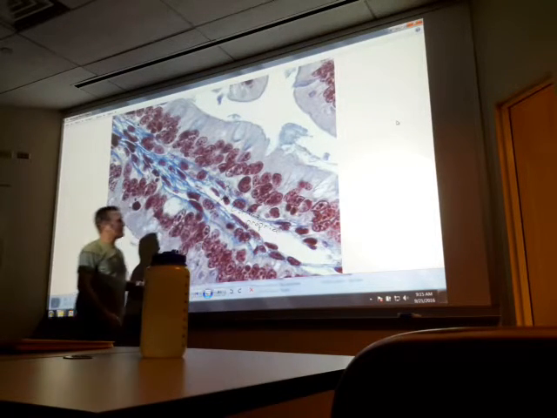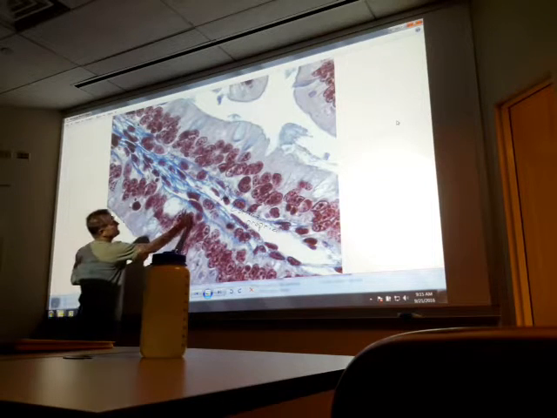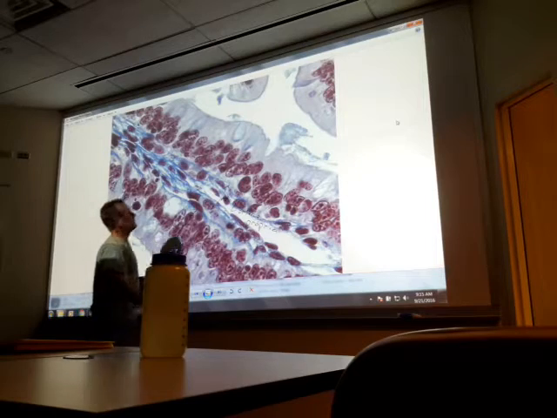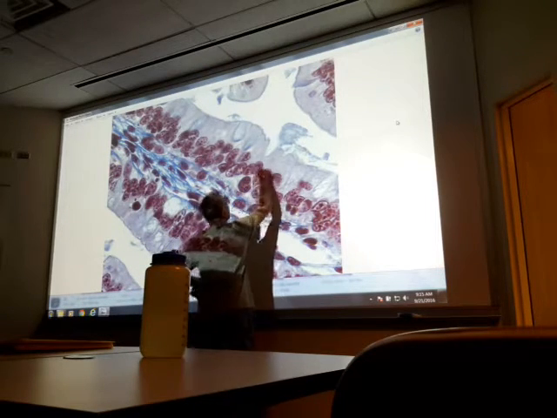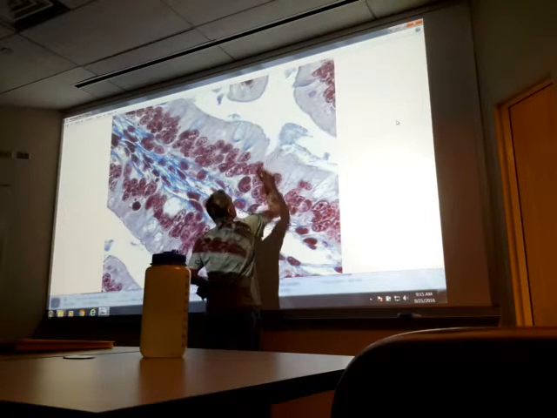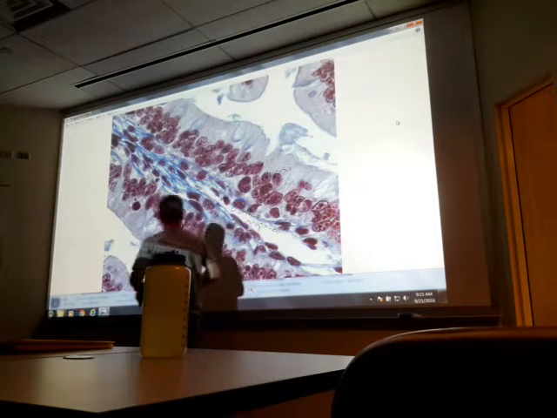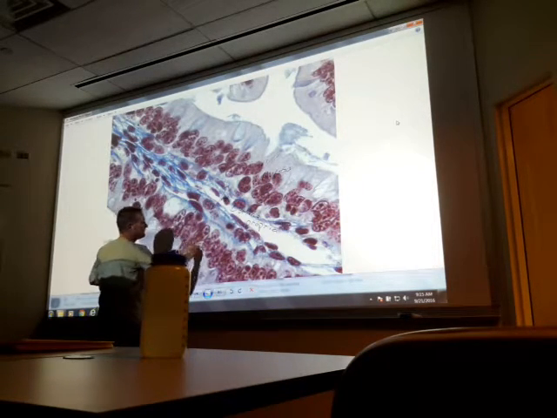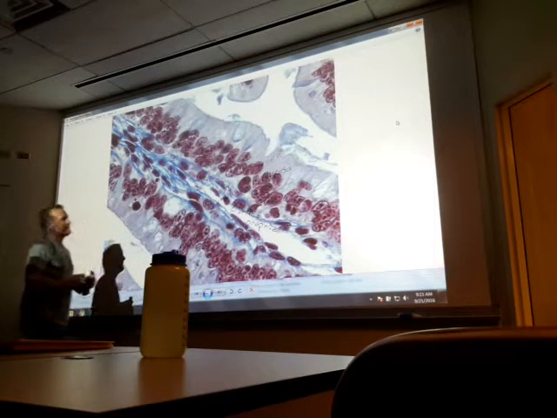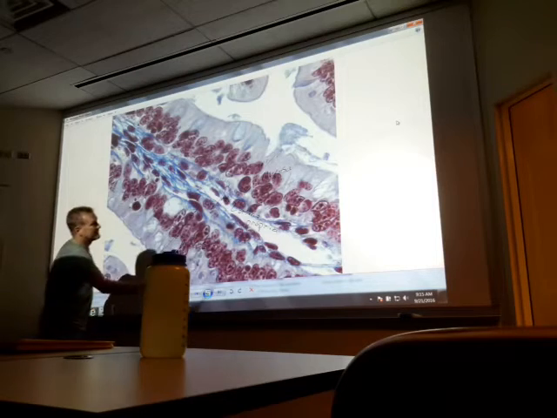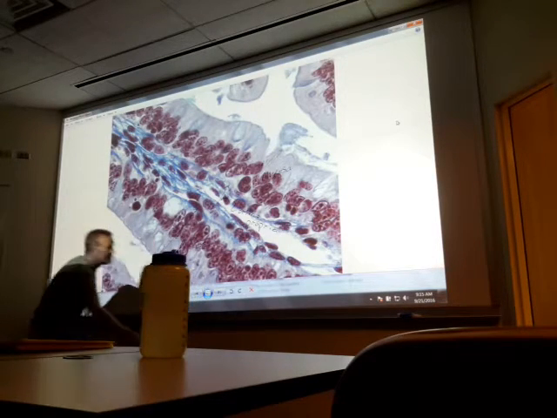That's the lamina propria. And then all of this is layer number 1. And that's the mucosa. Of course, that mucosa, if we had the end of this villus, it comes around like that.